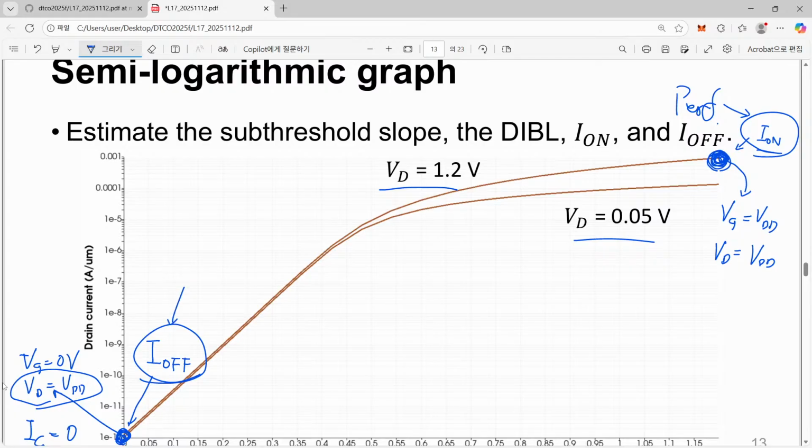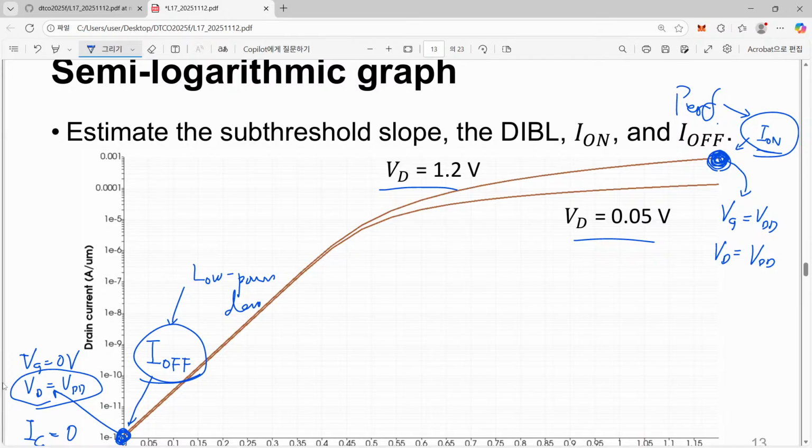If this number is low, then we call it a low power device, because when we turn the transistor off, it does not spend a lot of standby power. So these two quantities are the most important, and this semi-logarithmic graph shows this feature quite clearly.